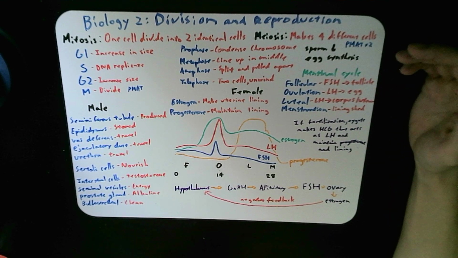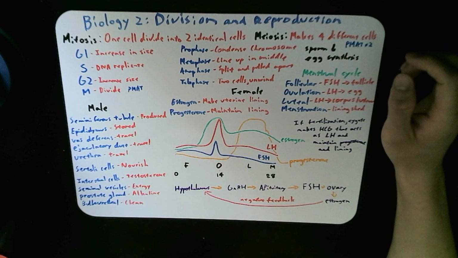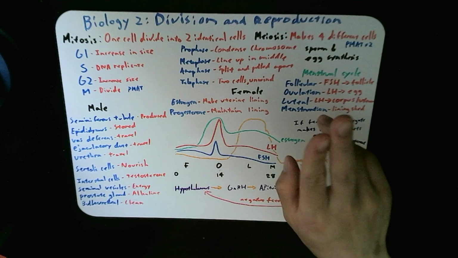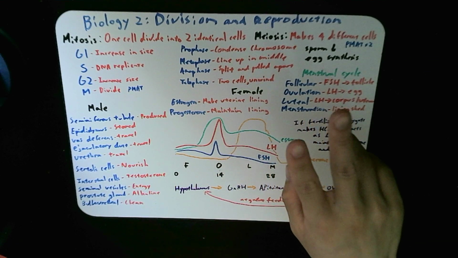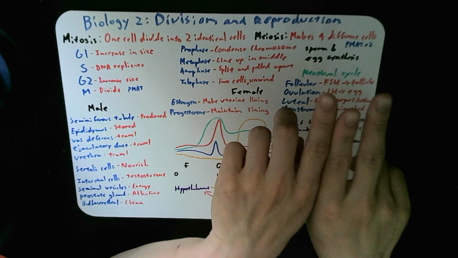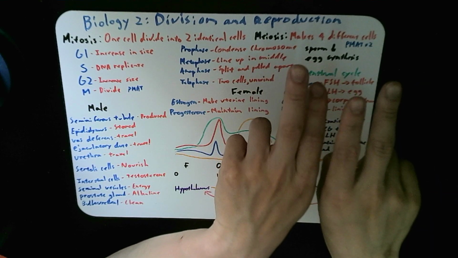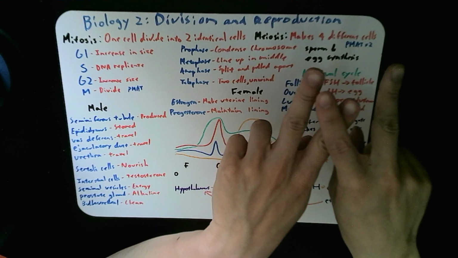They are different because during prophase one, they would have the mom and dad chromosomes, the homologous chromosomes, the 23 pairs, so 46 chromosomes in total. They would go together in pairs and they would do crossing over events.